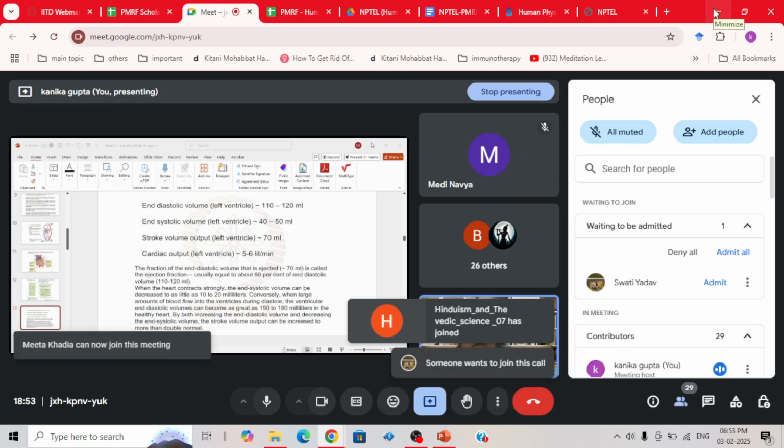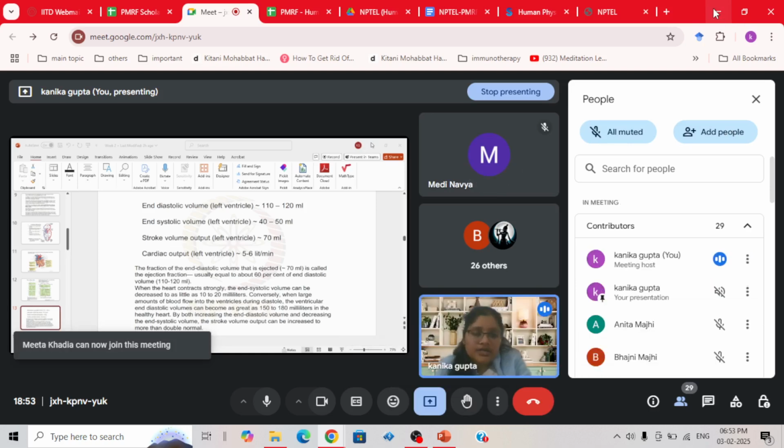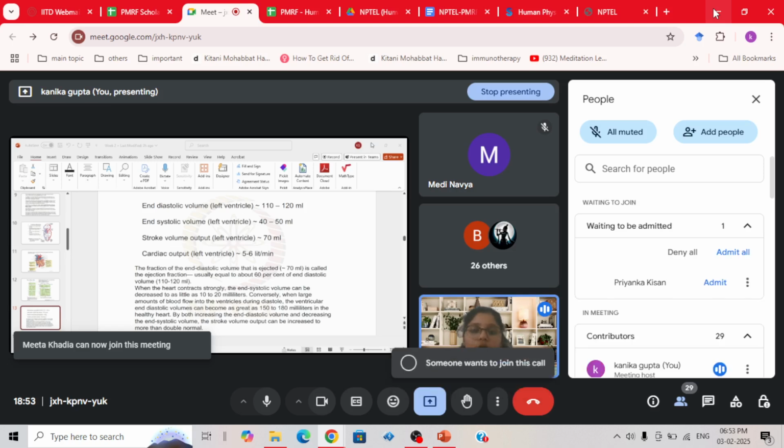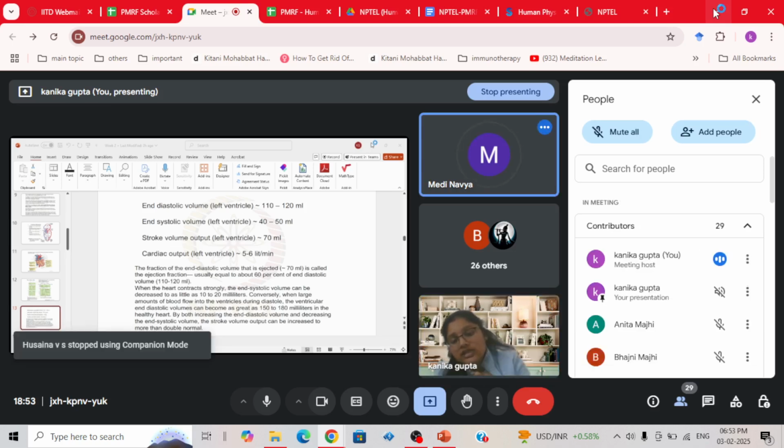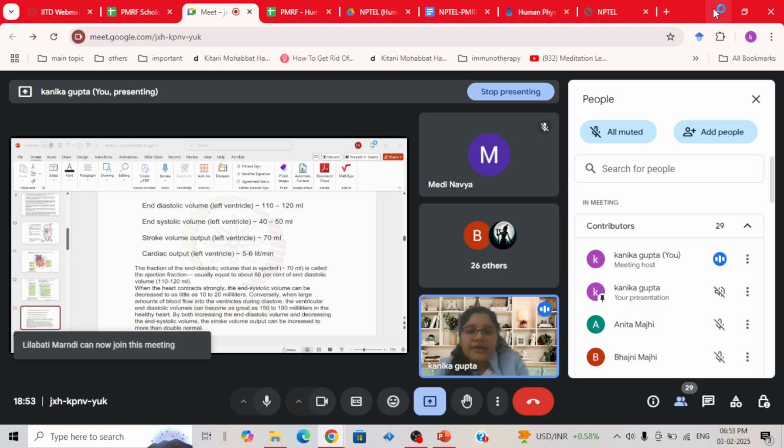Systole is the condition in which the ventricles are contracting. And when the ventricles are contracting, it will increase the pressure. As I told you, the pressure will increase up to 120 mm of Hg. This increase of pressure will lead to the ejection of blood from ventricles to systemic aorta.